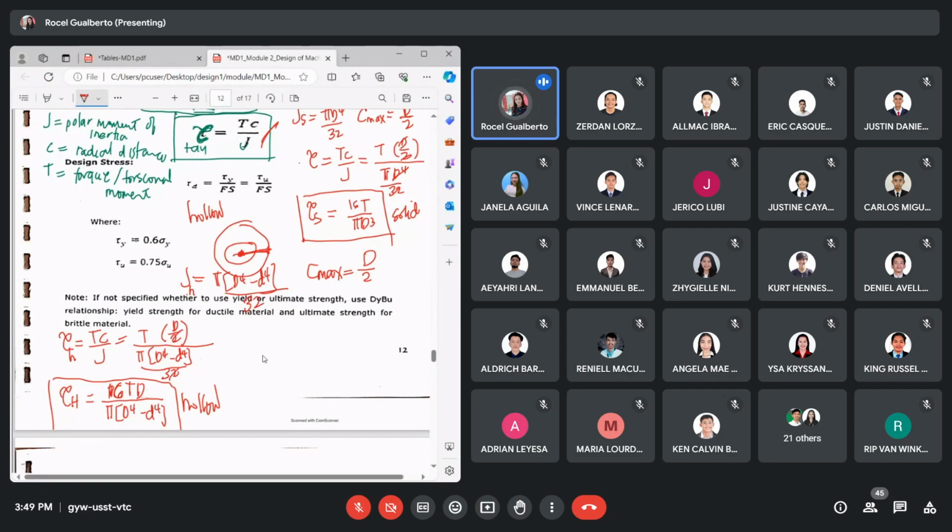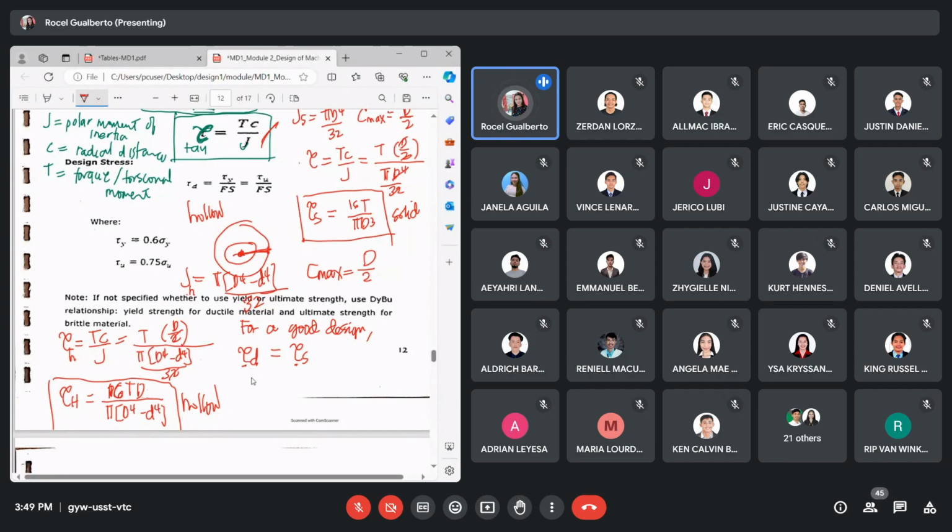So, ano po yung gagawin natin sa design to obtain the dimension? So, we say, for a good design, equate the design stress to the induced stress of the material. So the induced stress is tau, say, of the solid, then the design stress would be tau D. So notice that since yung ating induced is in form of tau, so ang design stress should be in tau also.